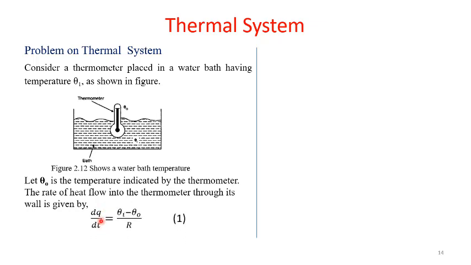The rate of heat flow into the thermometer through its wall, that is through the resistance wall, is given by dq by dt equal to the change in temperature, that is θi minus θ0, divided by R, where R is the thermal resistance of the thermometer wall.